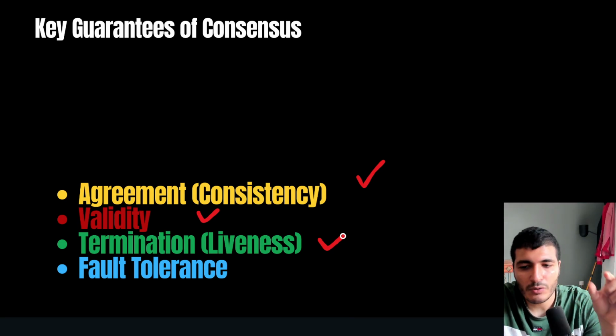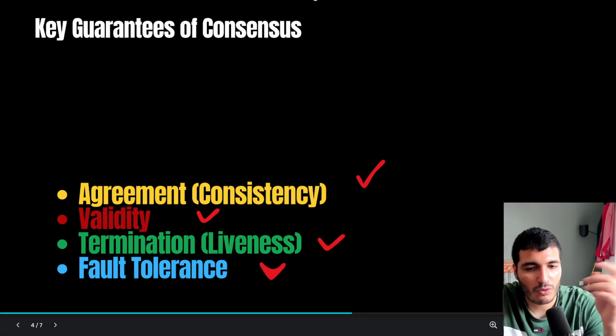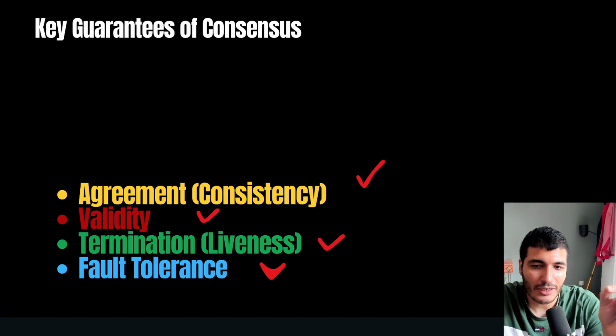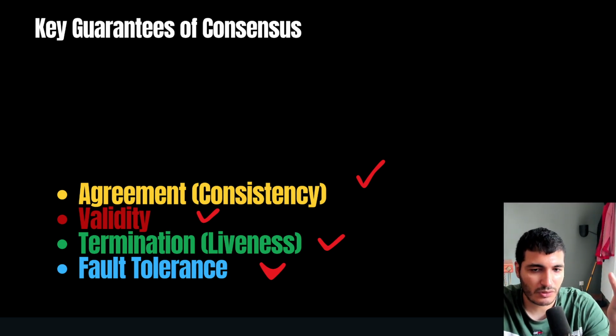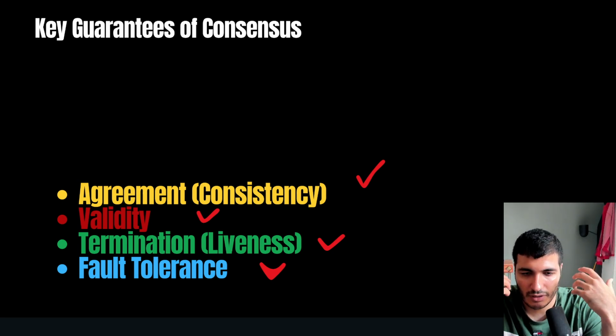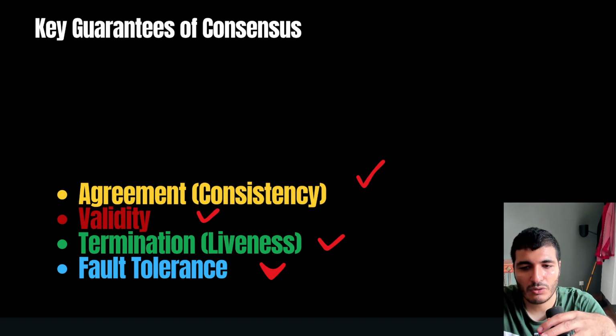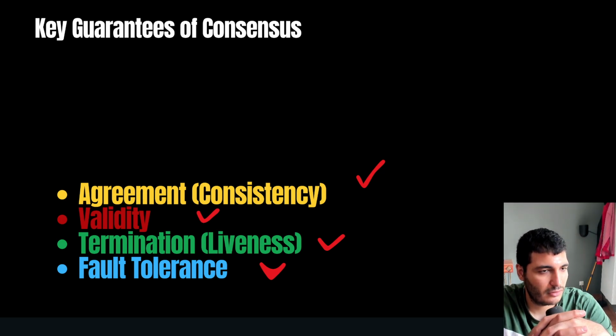All non-failing nodes eventually reach a decision. Number four, fault tolerance. Agreement is achieved even if a minority of nodes fail. For example, if you have 5 nodes, consensus can often tolerate 2 failures, requiring a majority of 3. Okay?